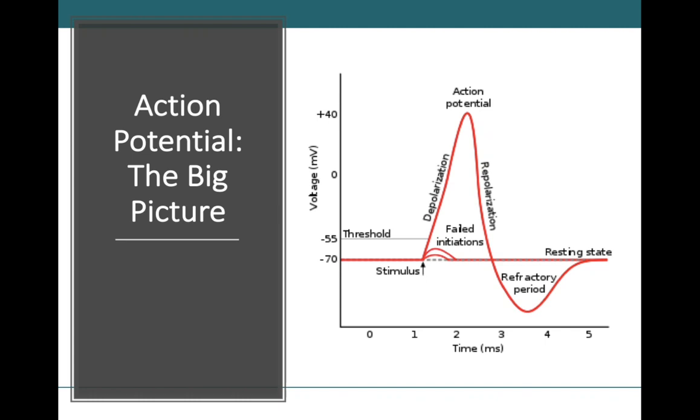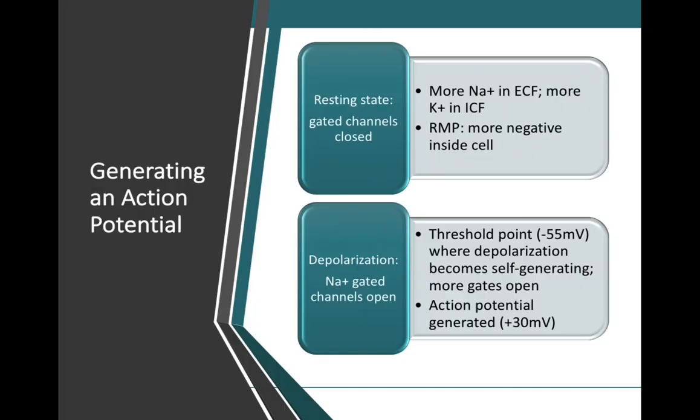However, if we cannot reach -55, if we had another stimulus here that brought us to -56, that would not be strong enough and we would not fire an action potential with that stimulus. That is referred to as the all or none principle, and I'll explain that in much greater detail in a little bit. But right now, I want us to take some time to understand what's going on with these different channels during depolarization and during repolarization.